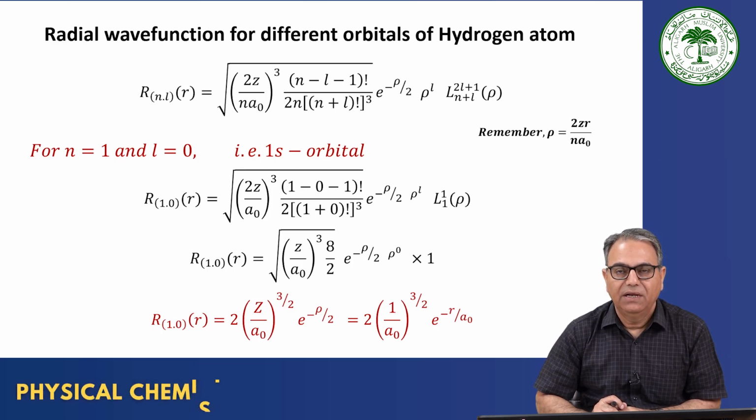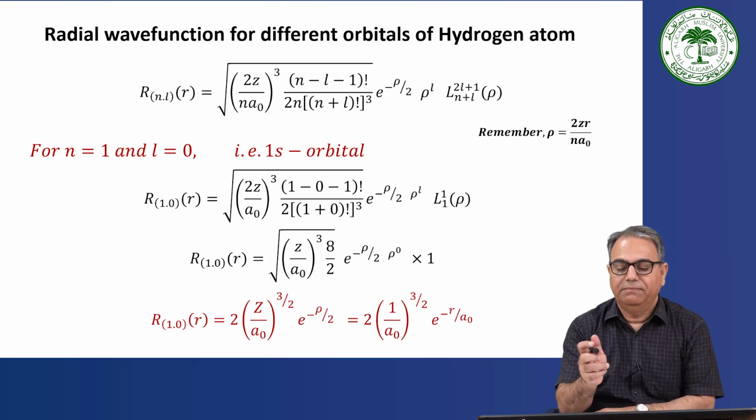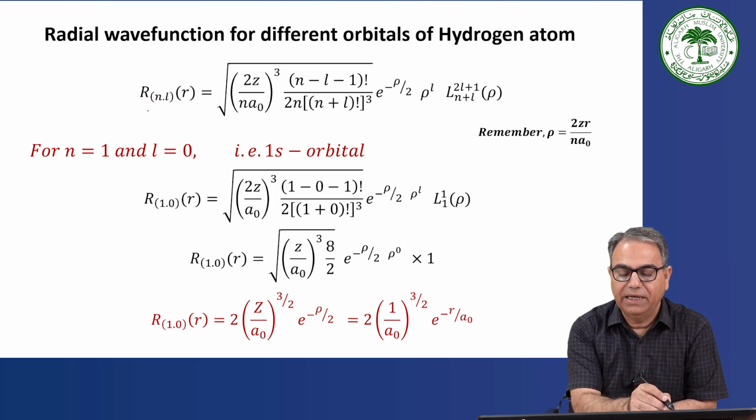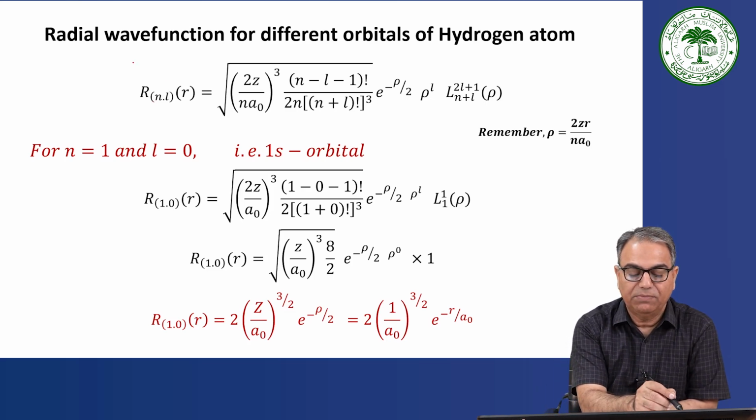I hope you have done it, and once you have done it, you can come to this module. Now we are going to calculate the radial wave function for different orbitals of hydrogen atom. So for n is equal to 1 and l is equal to 0, that's the 1s orbital. The basic equation for R n l is given on the top of this slide.